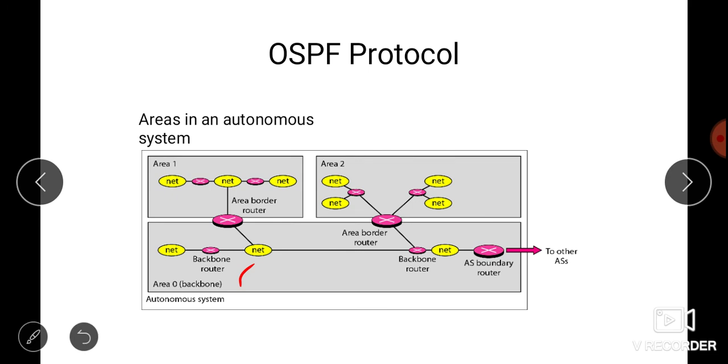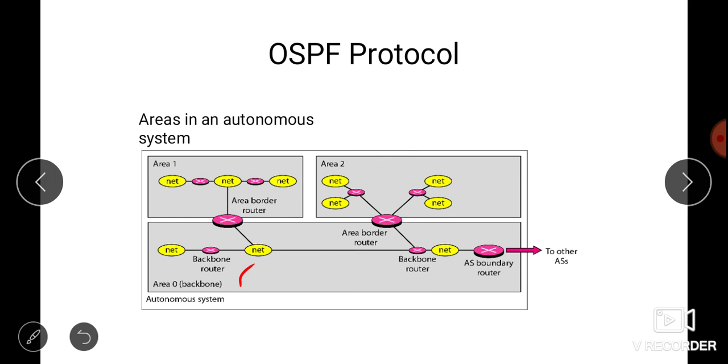This doesn't mean that routers within areas cannot be connected to each other. They can be connected, but they are generally connected by the backbone router. The routers inside the backbone are known as backbone routers, and backbone routers can also be area border routers.